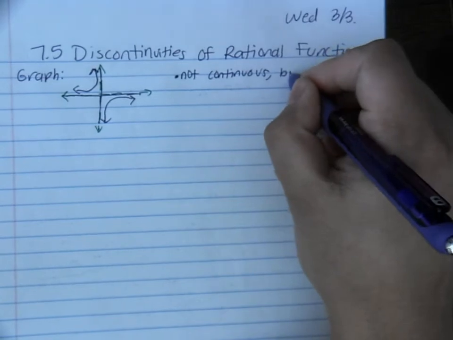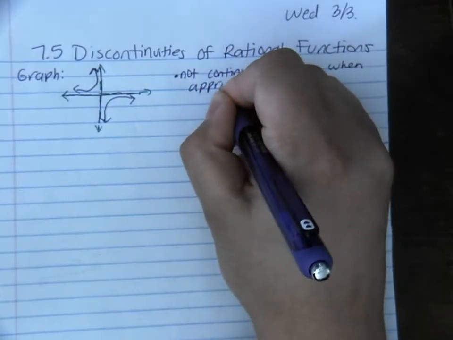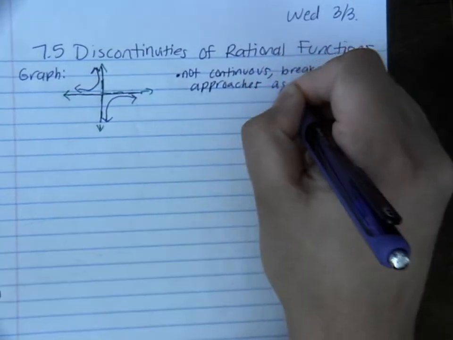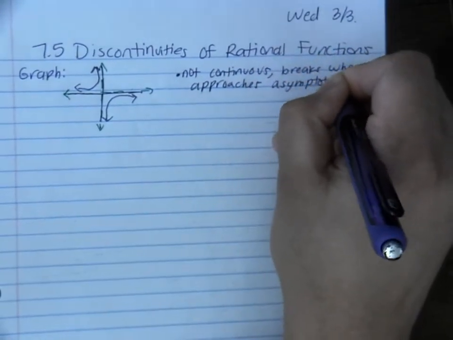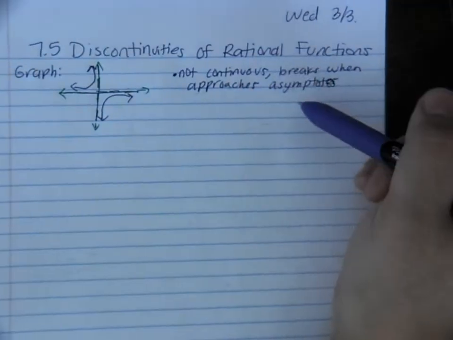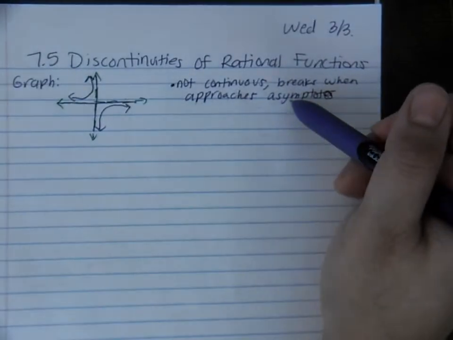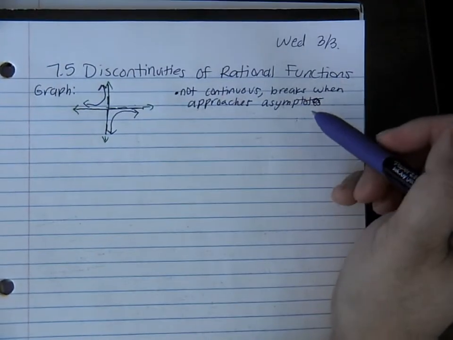So it breaks when it approaches asymptotes. And remember, we'll talk more about specifically the asymptotes on Friday. But for right now, this is just to get us understanding what a rational function even looks like.